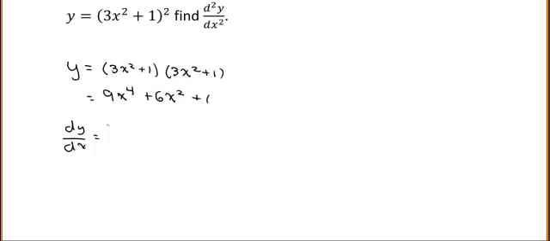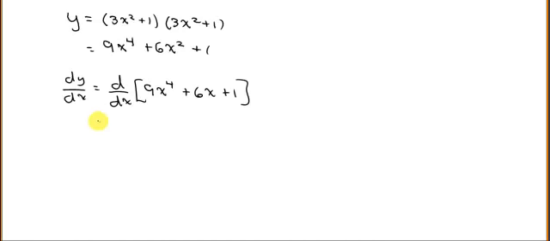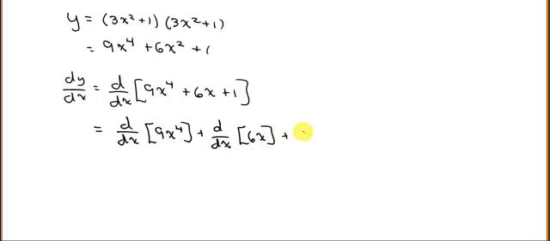Okay, I'm going to show you all the nitty-gritty now. We'll have the derivative with respect to x of 9x to the fourth plus 6x plus 1, which is the derivative with respect to x of 9x to the fourth plus the derivative with respect to x of 6x plus the derivative with respect to x of 1.